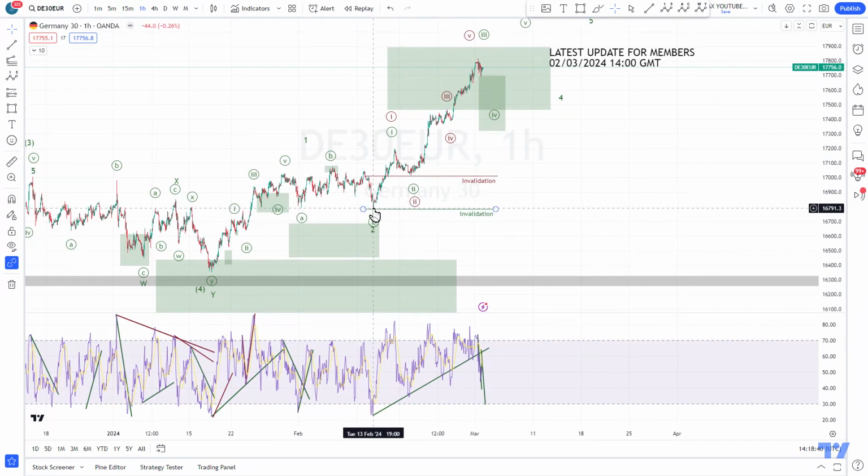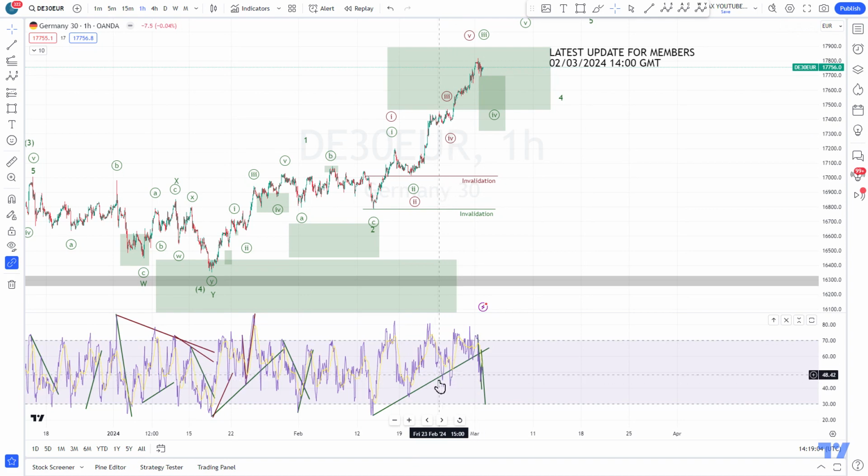So from this low, a wave 1, a wave 2, and then yeah, we are seeing divergence here. We also see a slight break of the RSI trend line, which could show us that wave 4 was in right here. So then we could have wave 1, wave 2, 3, 4, 5 as indicated in red.